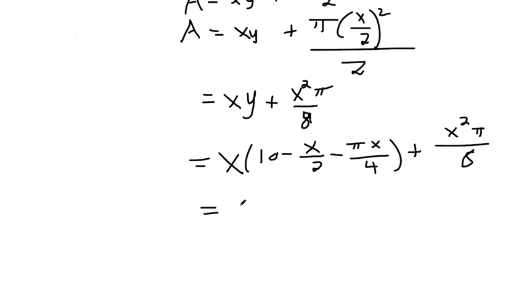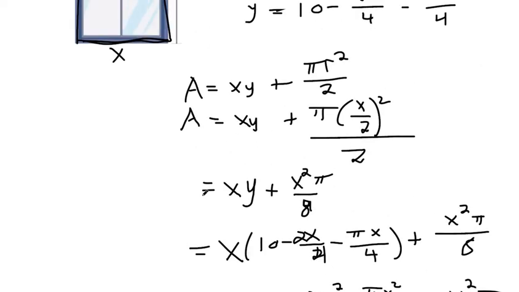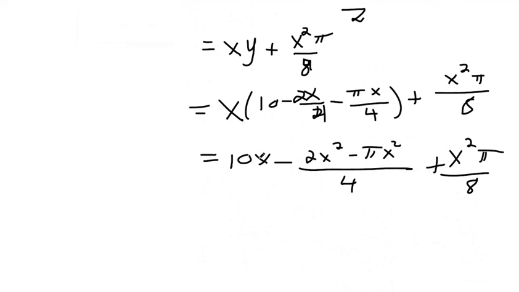And then we can distribute. Here, let's get common denominators while we're at it. So this is going to be 2x squared minus pi x squared, and it's all going to be over 4. Okay, and then that's our area equation. We could continue getting common denominators, but I think that's probably enough.